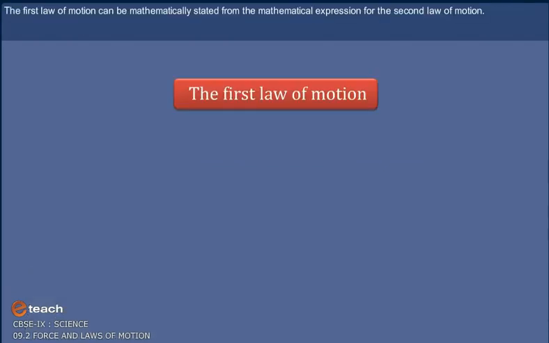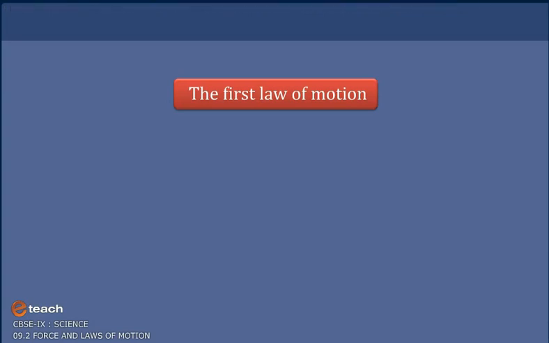The first law of motion can be mathematically stated from the mathematical expression for the second law of motion. F = ma, or F = m(v minus u)/t, or Ft = mv minus mu.